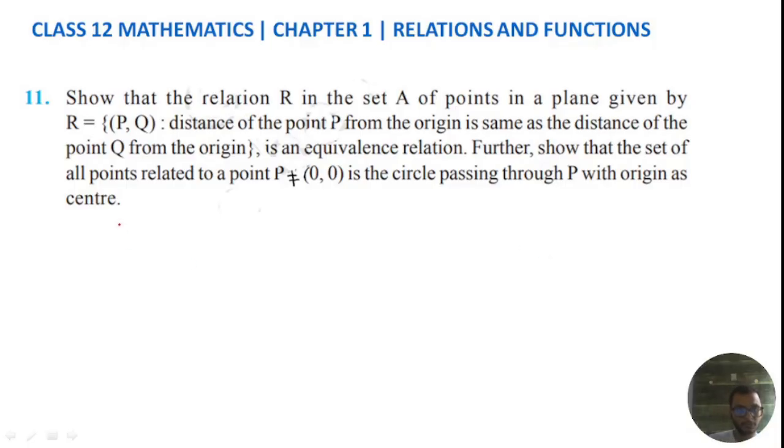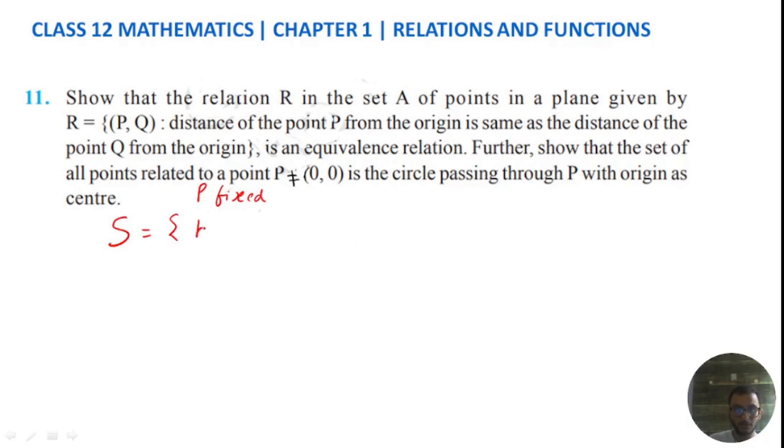Okay, so suppose I am writing the set as S. It contains all points. Suppose I have fixed P. This P is fixed. Any arbitrary element we had fixed. Then we are collecting all the points, and this is what the definition of equivalence class that we did in the previous question.